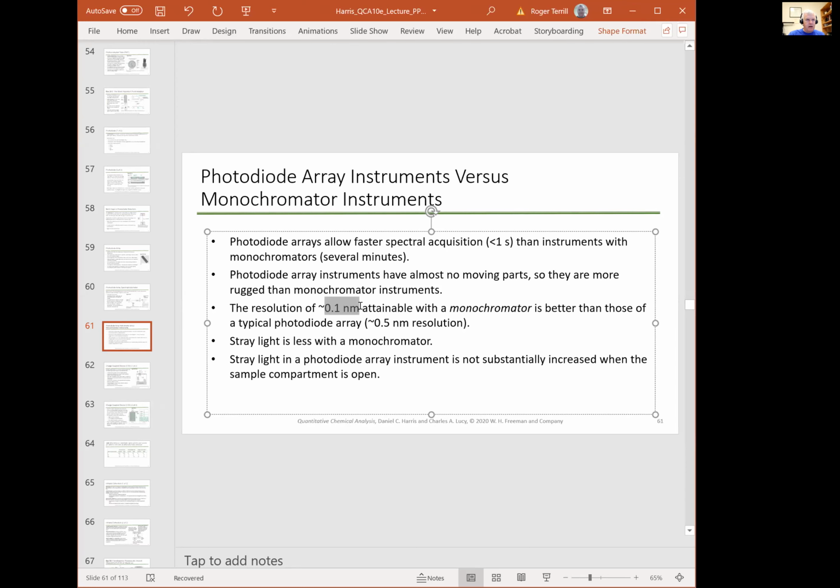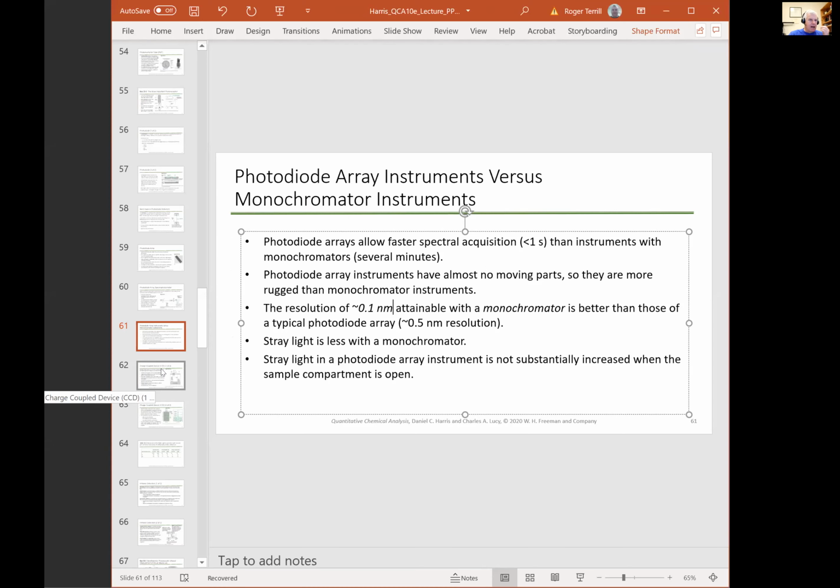So 0.1 nanometer is higher resolution than 0.5 nanometer. And then there are differences in the stray light that you collect. I'm not really sure why that is, but I'll take Harris's word on that.